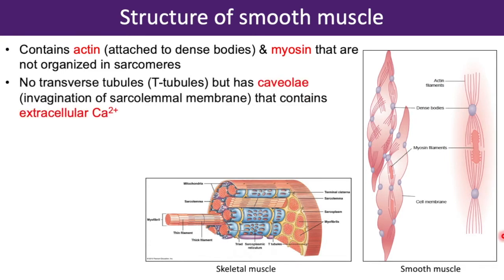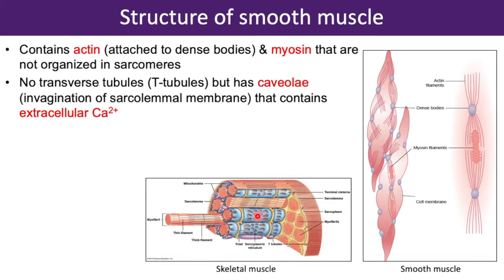Another difference between smooth and skeletal muscle is that smooth muscle does not have transverse tubules, or T-tubules. In skeletal muscle, T-tubules conduct impulses from the sarcolemma into the cells, and the sarcoplasmic reticulum stores calcium ions.